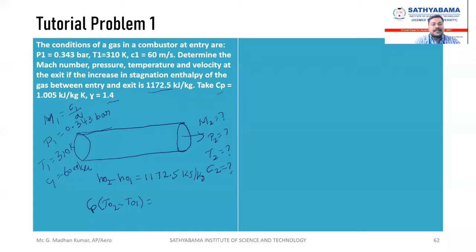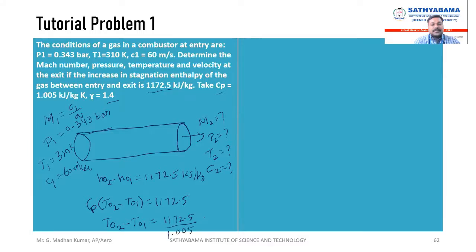That is, the stagnation enthalpy relation is Cp into T0. Okay, so by this we have this equation. Cp is constant in both the terms, so take out the Cp value, and we have this equation like this. And you know the value of Cp, right? So T02 minus T01 is equal to 1172.5 divided by Cp.